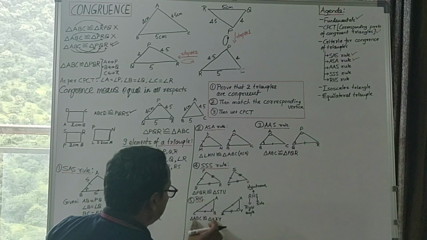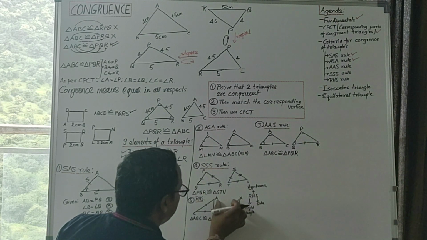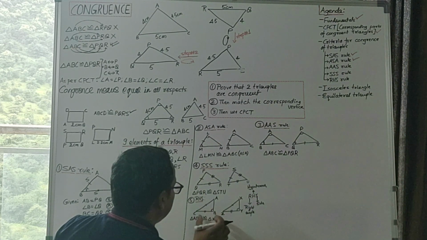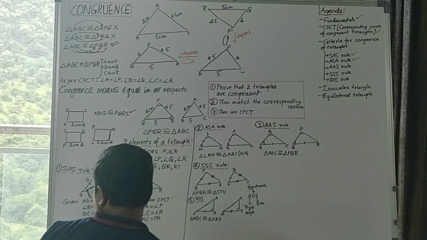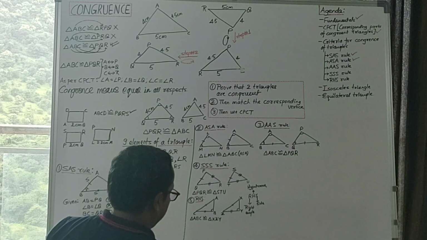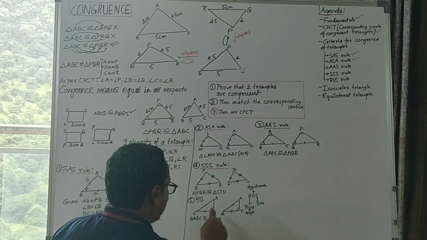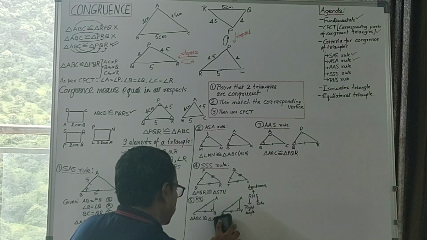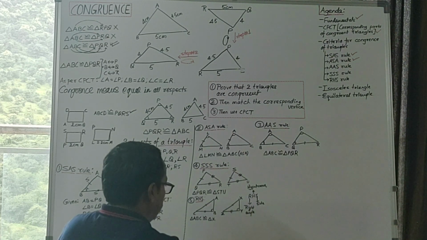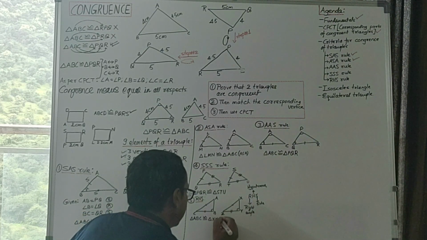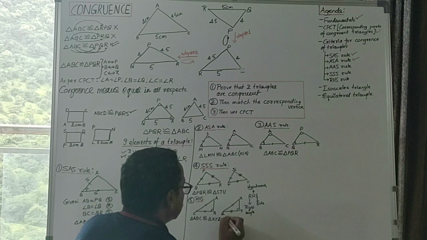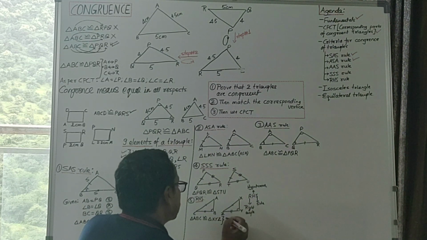I made some mistake here, so it should be X, Y, Z. Sorry, I went this way, A, B, C. So it is X, then Y, and then Z. As per this, A is corresponding to X.